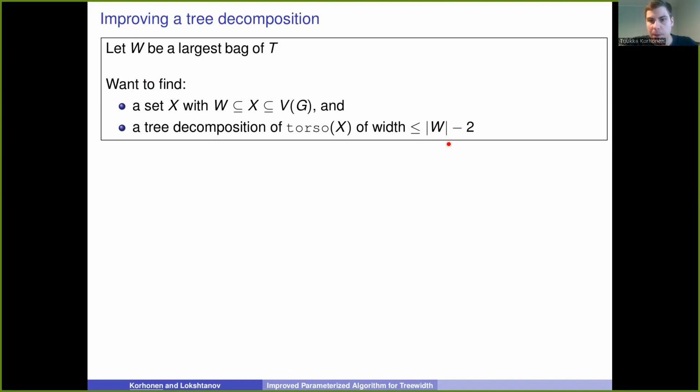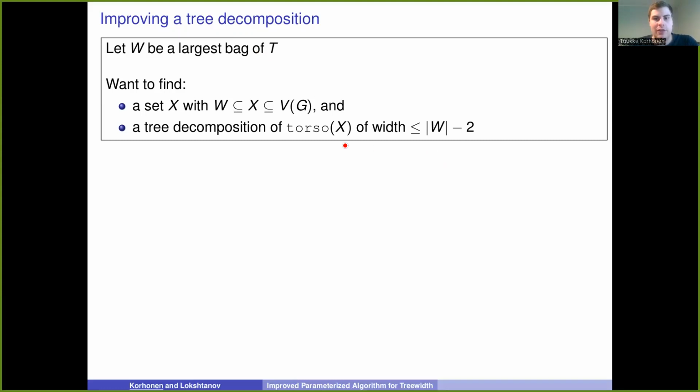So what is this size of W minus 2? Well, it's smaller than the width of this decomposition T that we have. The width of T is W minus 1, so what we want is width W minus 2, a better width than what we started with.